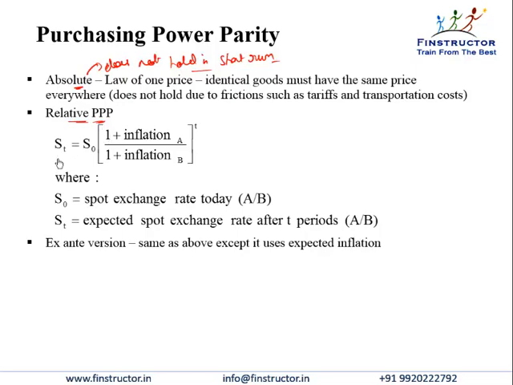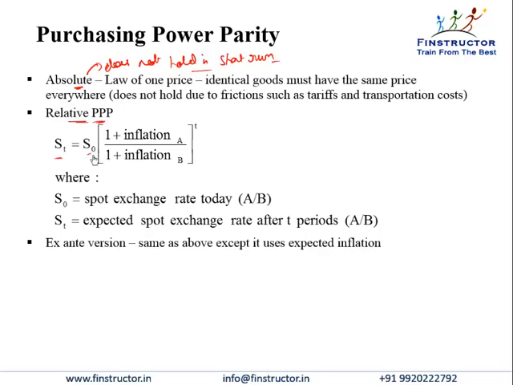So the spot price in the future is the spot price today adjusted for the inflation differential, into 1 plus the inflation in A upon 1 plus the inflation in B. Please note that this is consistent with the Fisher relationship that we studied earlier and the interest rate parity.